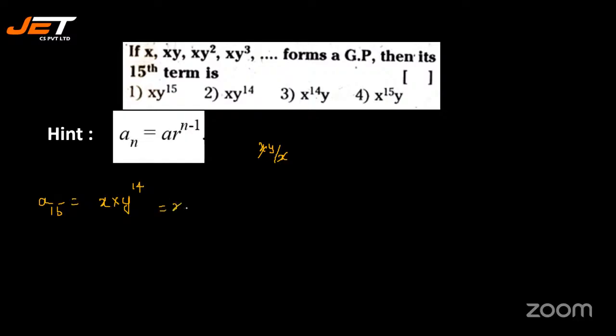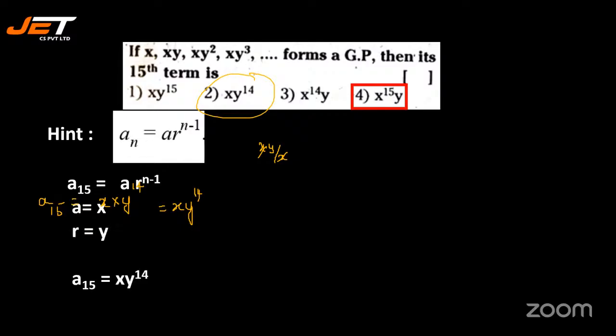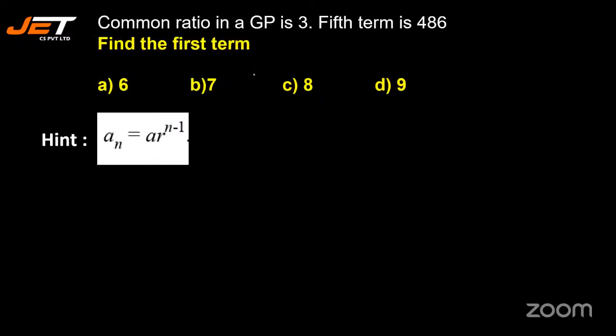So it should be xy to the power 14. Hopefully 2 should be the answer. Students, your answer must be the second one, not the fourth one. Yes, see, xy to the power 14, it has been wrongly highlighted. It should be option 2. All right, see the next question.